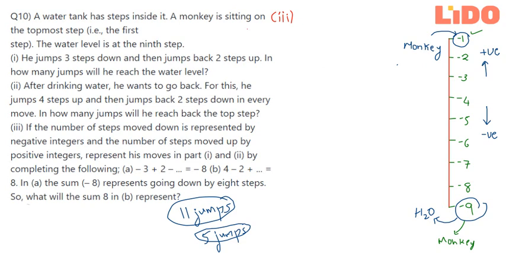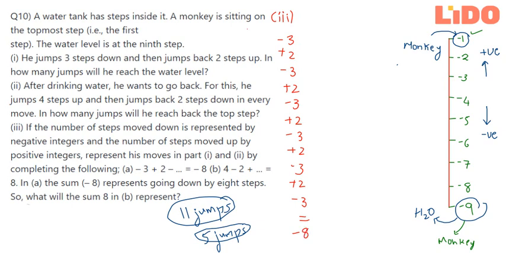So if we have to solve this, we are going to write this as jump 1, jump 2, 3, 4, 5, 6, 7, 8, 9, 10 and 11, which is equal to -8.